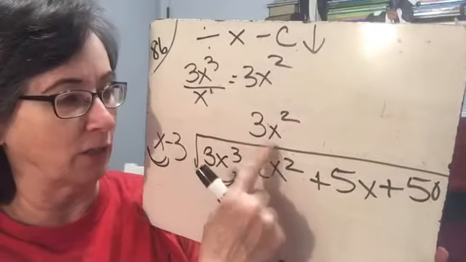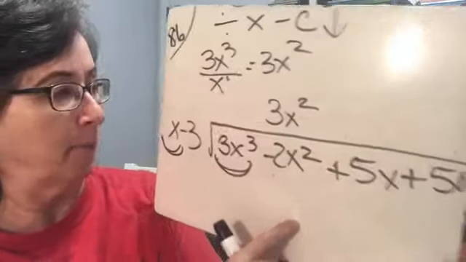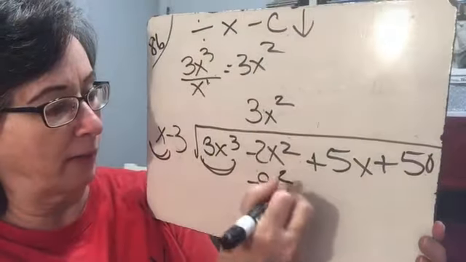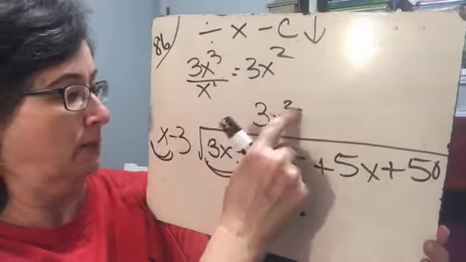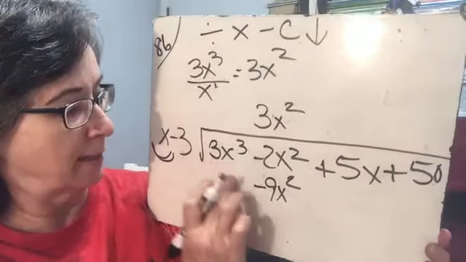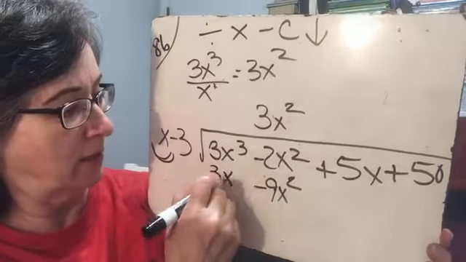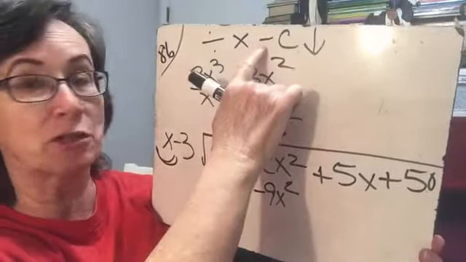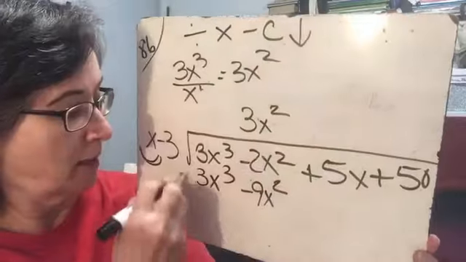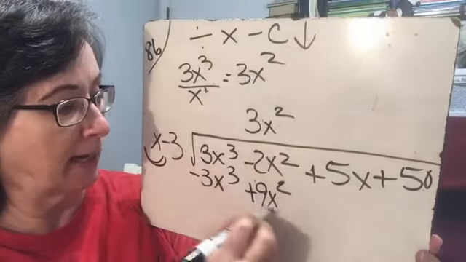And yes, it's going to go underneath the x squared column. So negative 9x squared. And then 3x squared times x is 3x cubed. 3x cubed. Now, I'm subtracting, and to subtract with polynomials, we change both signs and add.